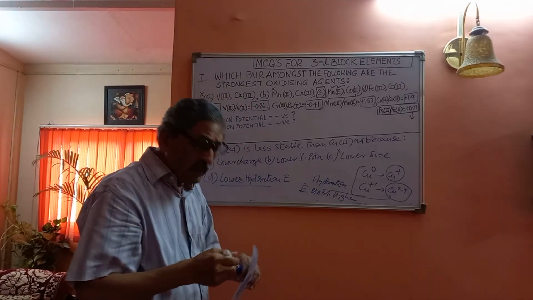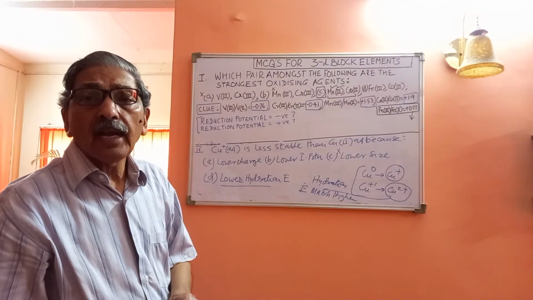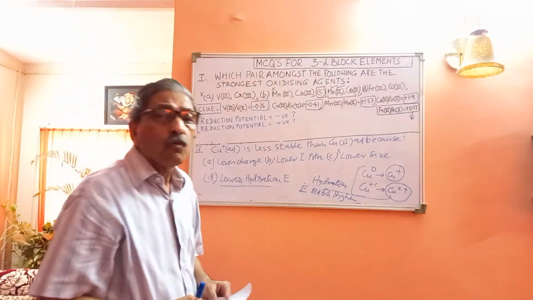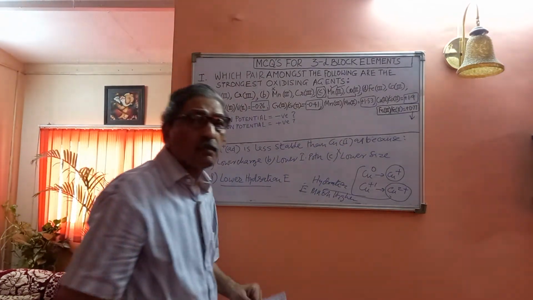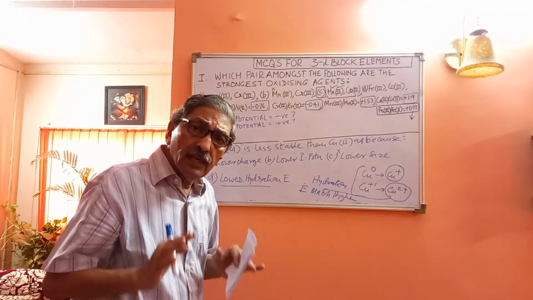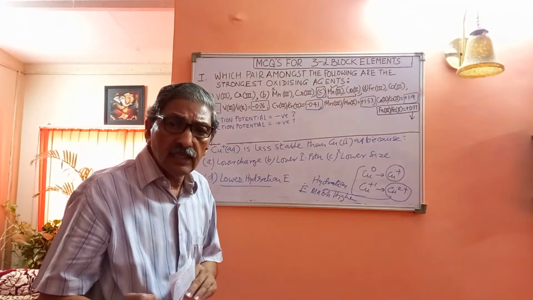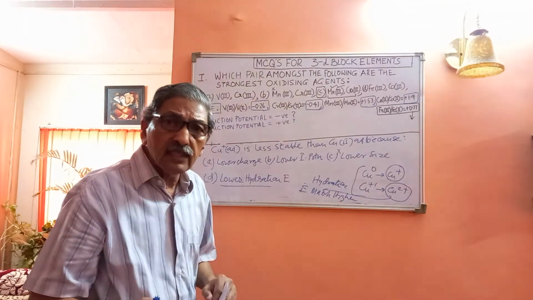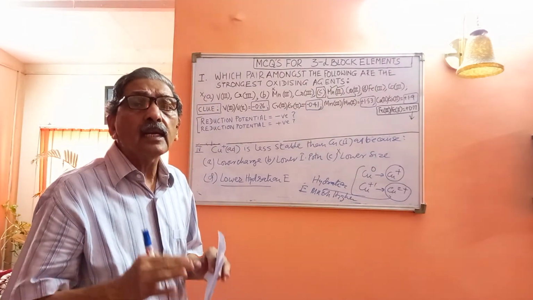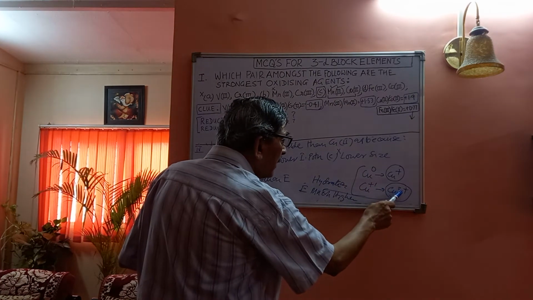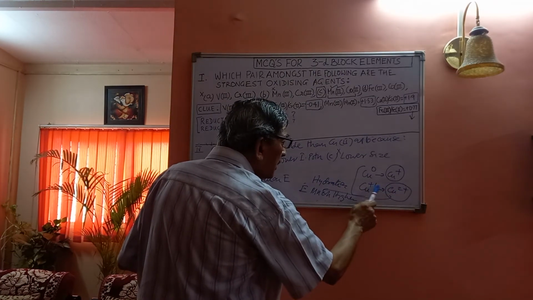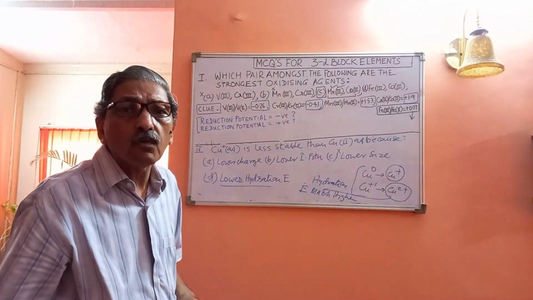But the point still remains. If hydration energy is higher, why should it be more? It should be less stable, and this should be more stable, because the hydration energy is released. That means it stabilizes the system and it compensates for the excess second ionization potential in the case of copper plus to copper 2.